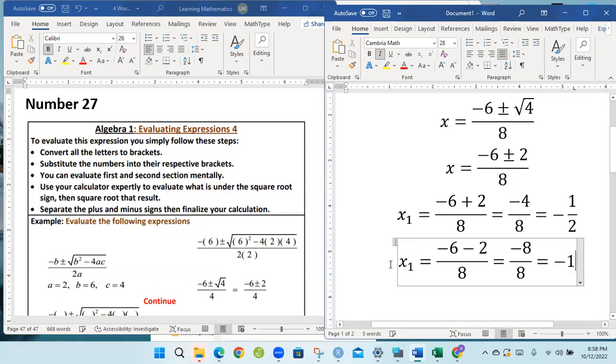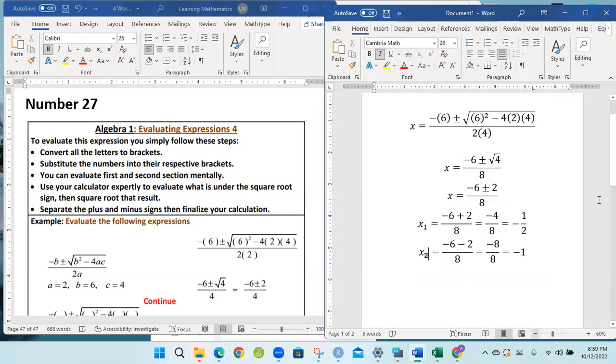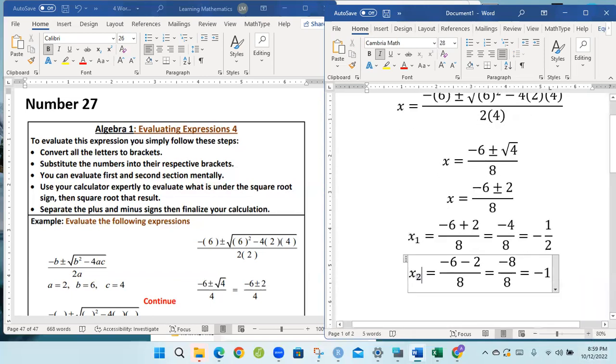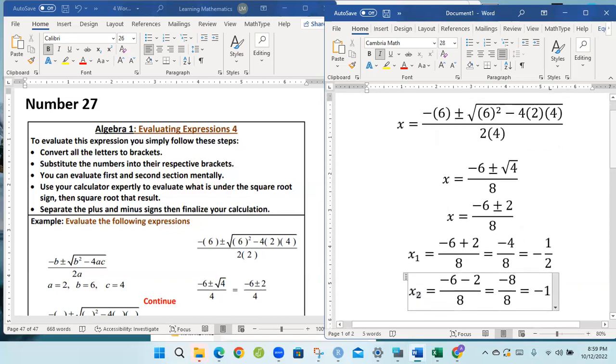So these are the two values for x, x1 and x2. The quadratic formula to solve for x. So we use it for evaluating expressions for the use of the quadratic formula. Two values for x.